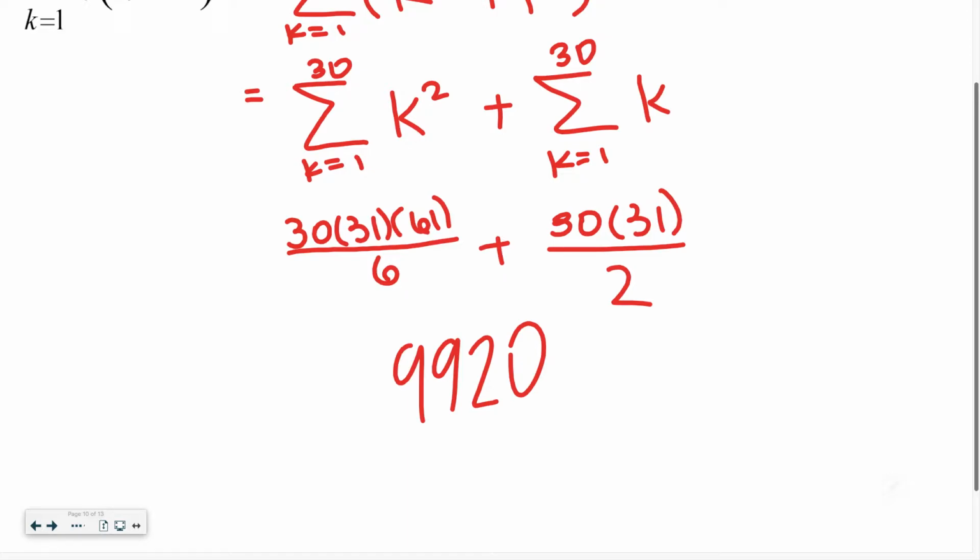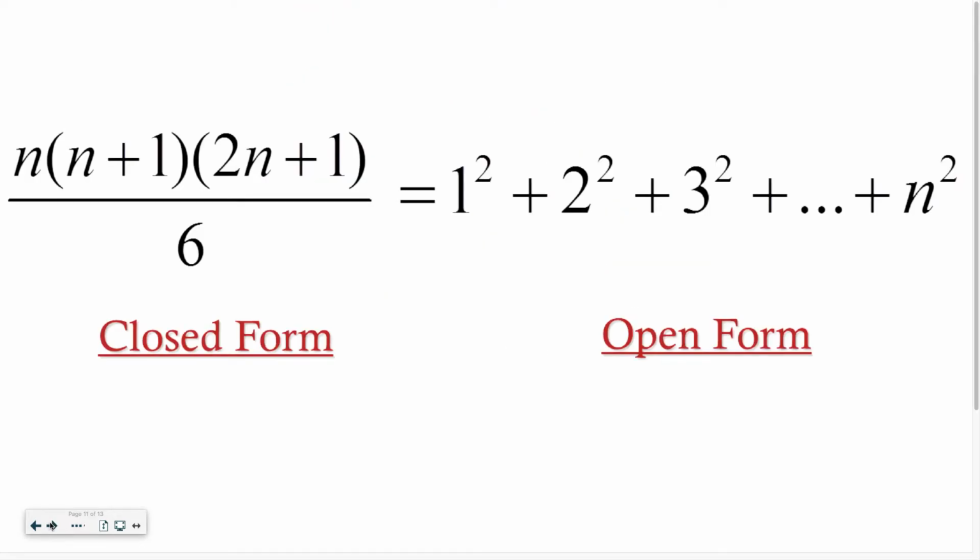All right. Last thing we'll talk about is vocabulary for when you're working on your homework. If you have the shortcut, we would call that closed form. It's just that one expression.